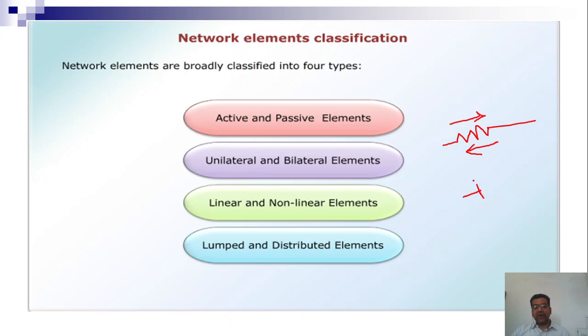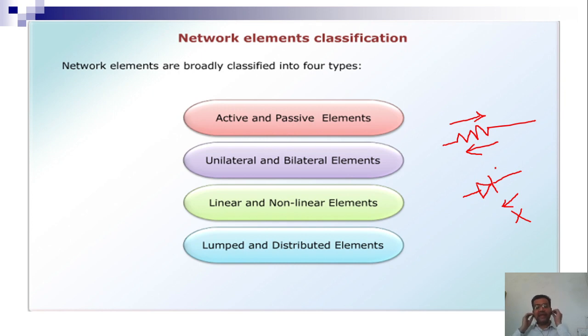When you take a diode, it will not allow current to pass in the opposite direction. Because of that reason, that is a unilateral element, conducting only in forward bias. So resistance, inductance and capacitance are the three bilateral elements. Unilateral element has only forward bias conduction, so we say diode.